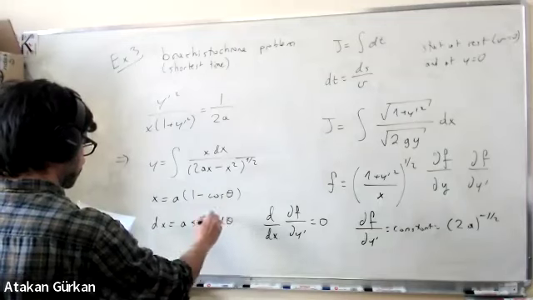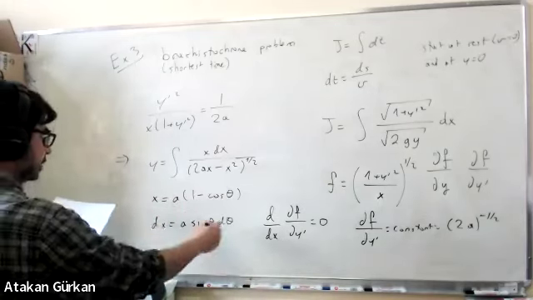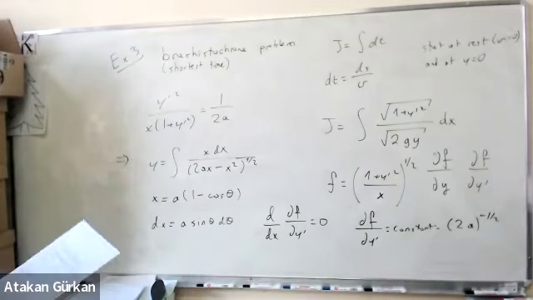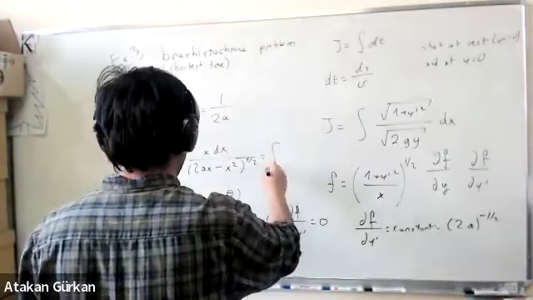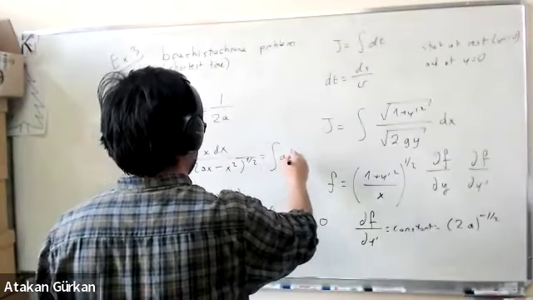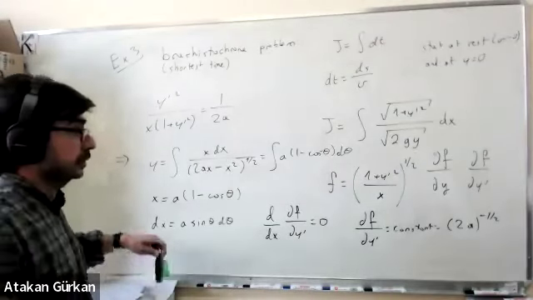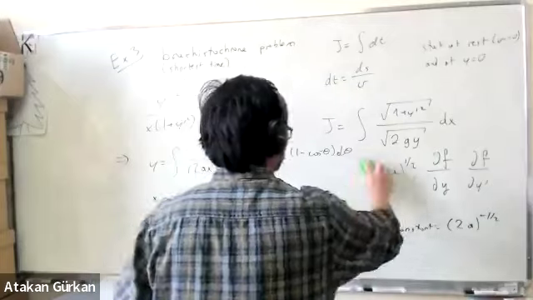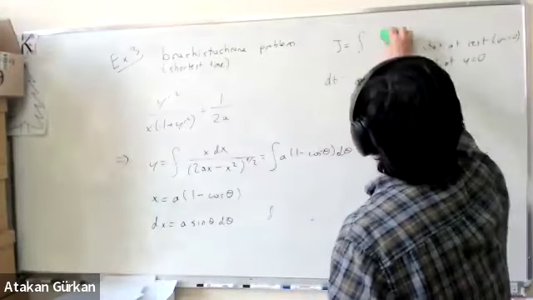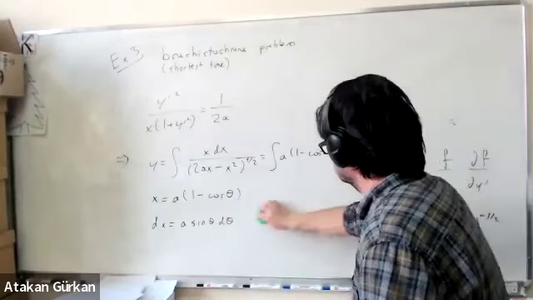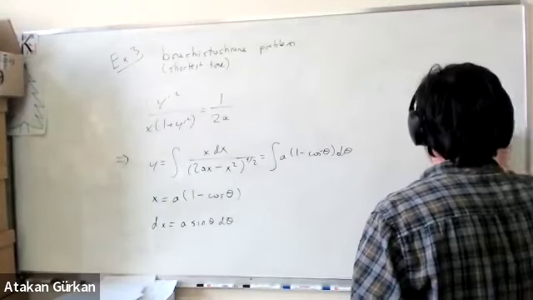So this is the variable change you make, and then the dx becomes this. And the equation becomes very simple: a(1 minus cosine theta) d theta. Okay. And then the result is a cycloid. The cycloid is the curve traced by a circle that's going around in a circle.